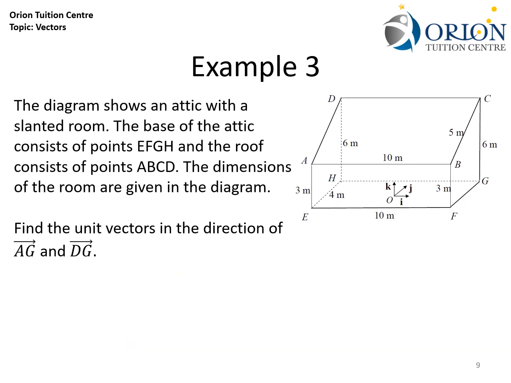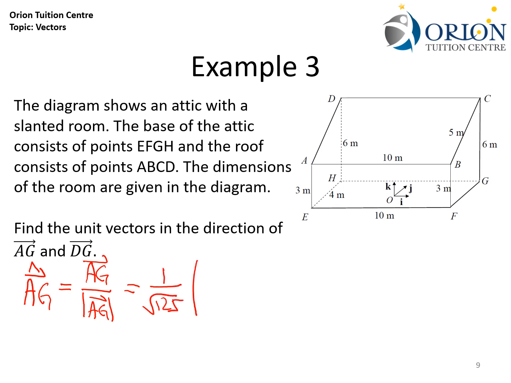And finally, in example 3, we are asked to find out what are the unit vectors of vector AG and DG, which we have found earlier in example 2. Therefore, for vector AG, if we apply the formula, it will be vector AG divided by mod of vector AG, which gives us 1 over square root 125 multiplied by the vector 10, 4, negative 3.